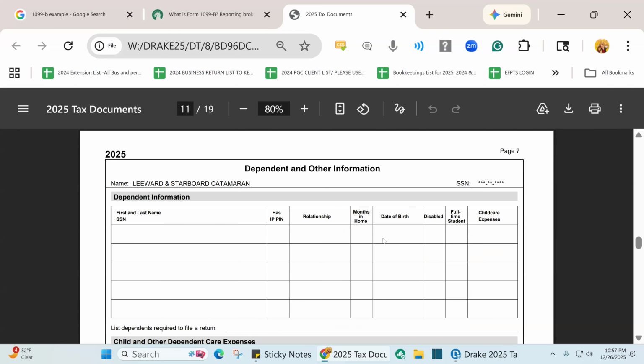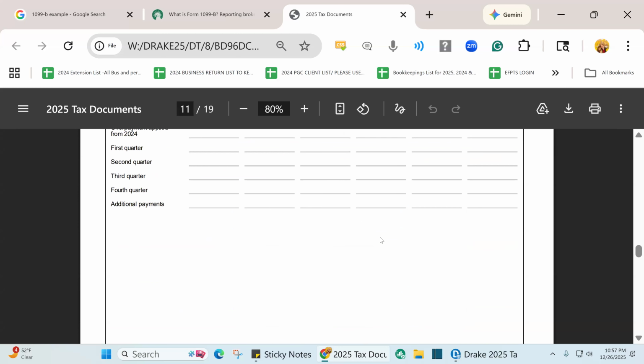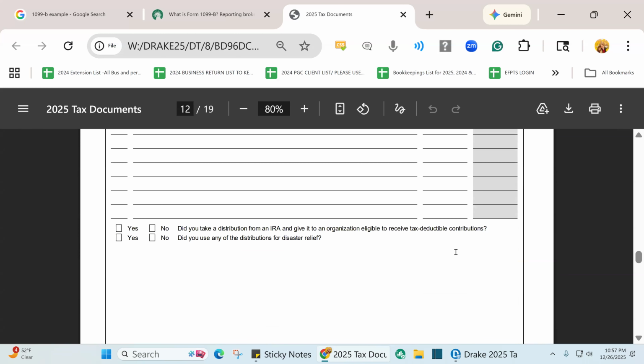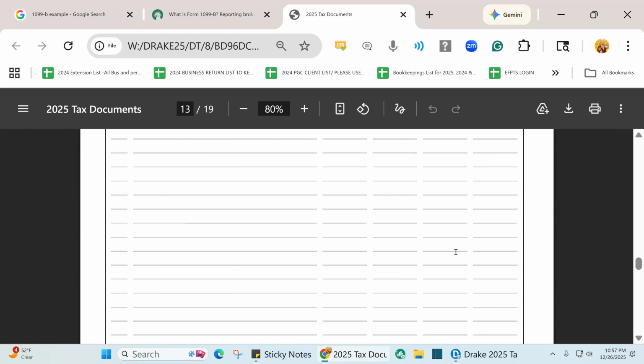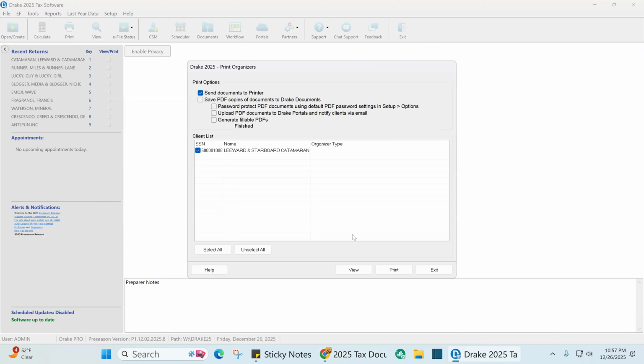But it's going to take a lot of time for you to interview to get this. The problem is, if you do not get that information, it's going to make preparing the return more difficult.